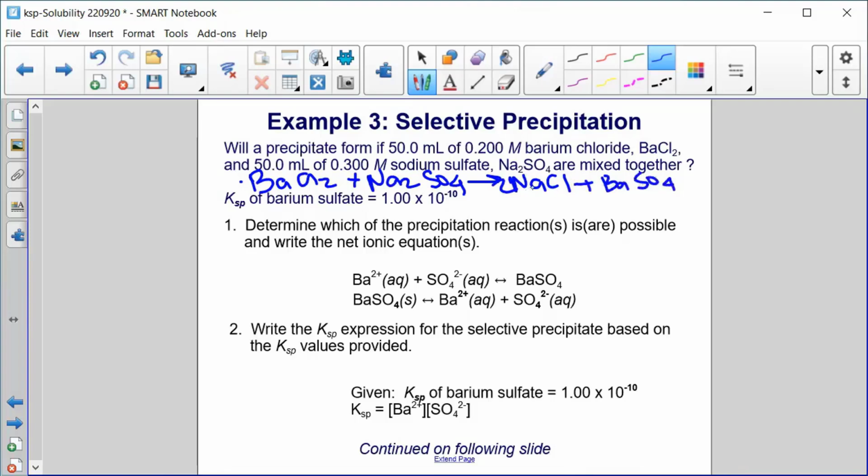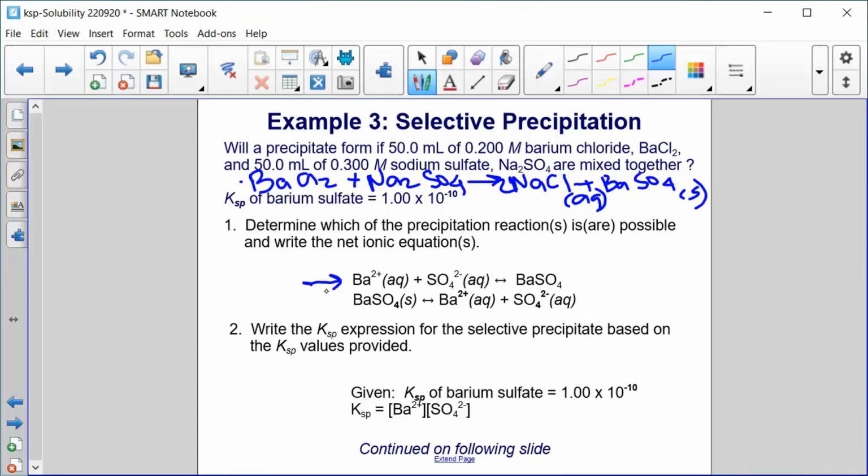We know that sodium chloride is always soluble with that group 1 metal. But we could form a solid with the barium sulfate. So our net ionic equation is the combination of those barium and sulfate ions to form a barium sulfate precipitate.